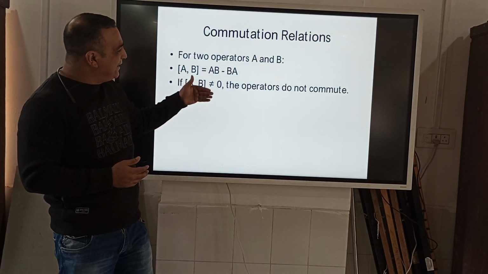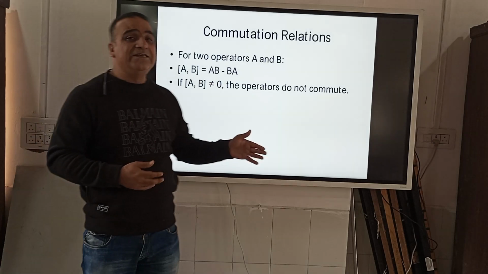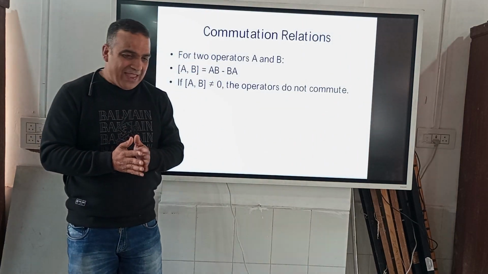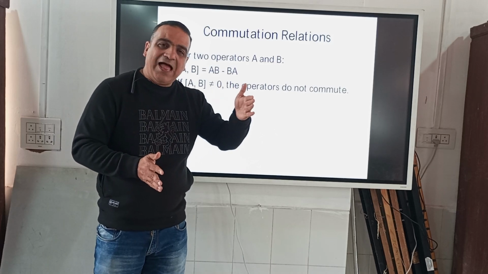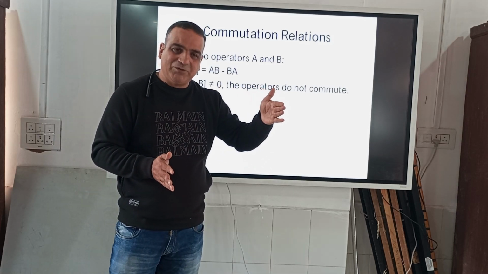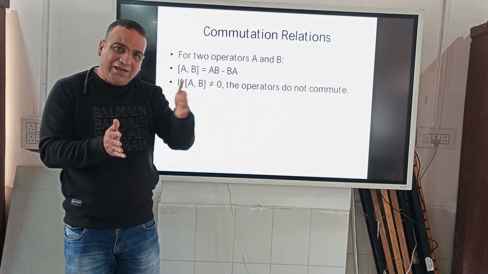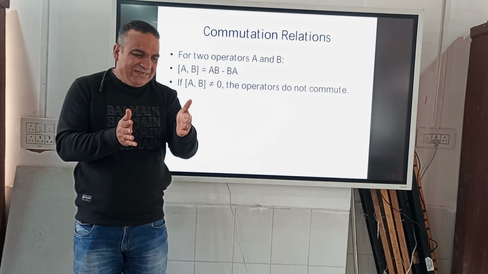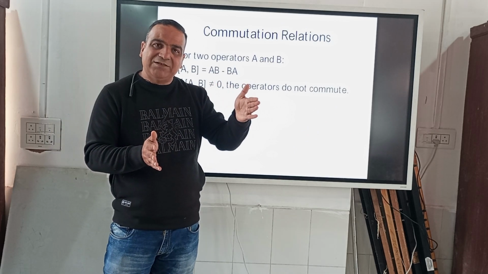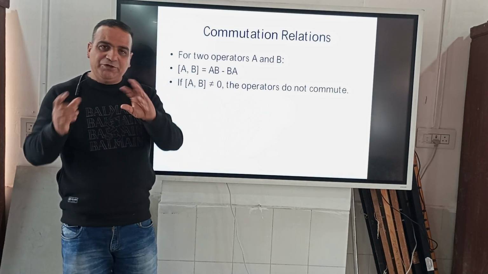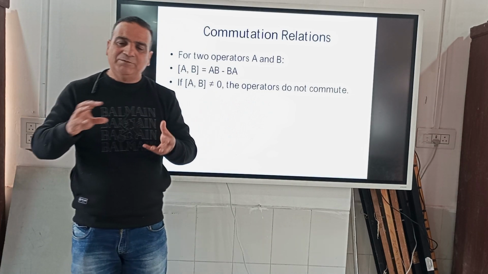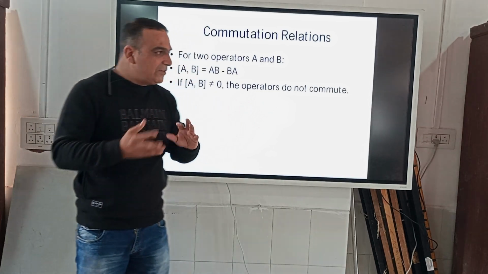But if the subtraction AB minus BA is not equal to 0, we say that these operators do not commute, and it automatically becomes an essence of Heisenberg's uncertainty principle. These commutation relations are basically leading us to Heisenberg's uncertainty principle. Suppose I take a commutation between the position and the momentum operators, they will not commute.